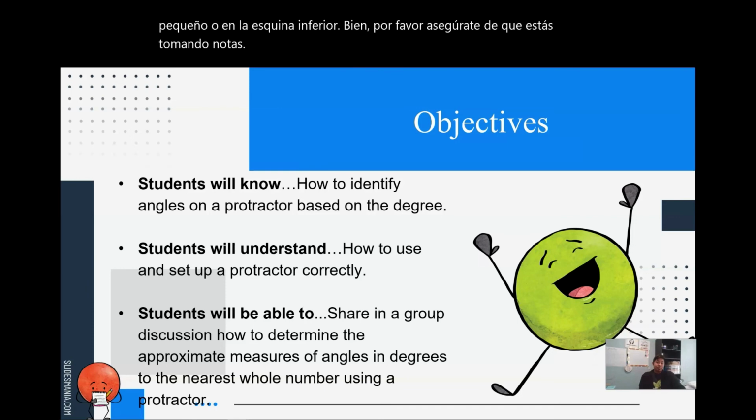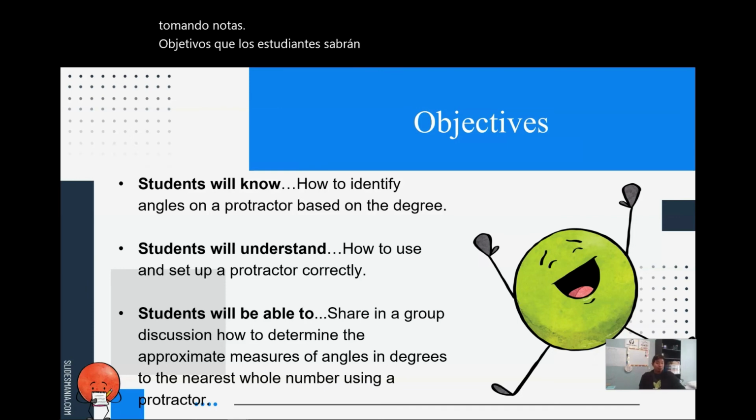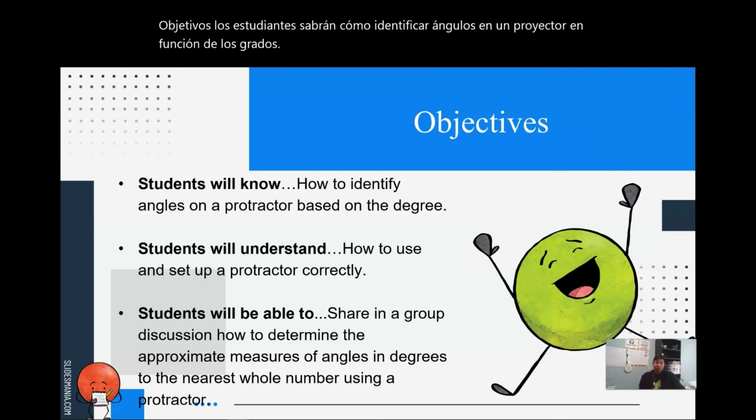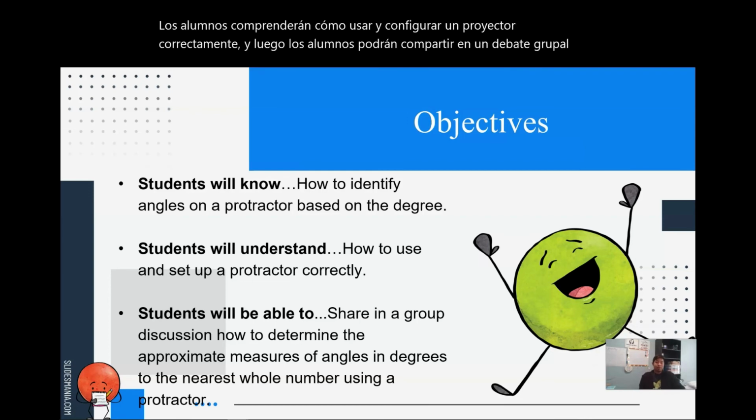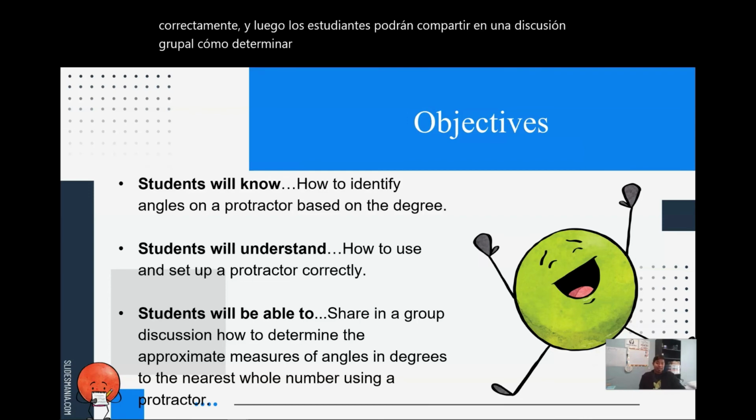Objectives, okay? Students will know how to identify angles on a protractor based on the degrees. Students will understand how to use and set up a protractor correctly, and then students will be able to share in a group discussion how to determine the approximate measures of angles in degrees to the nearest whole number using a protractor.